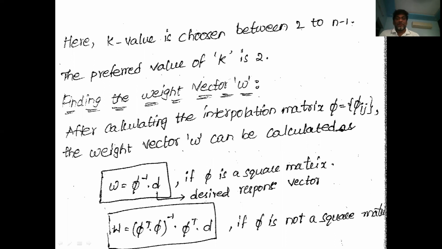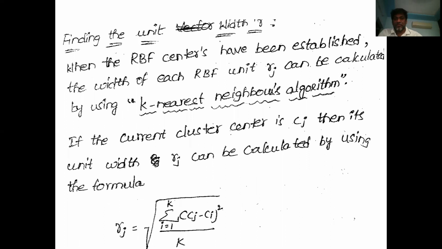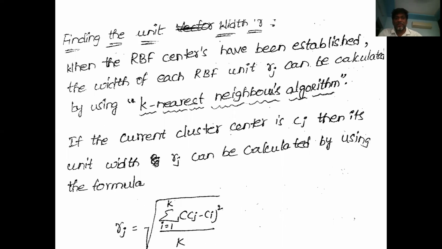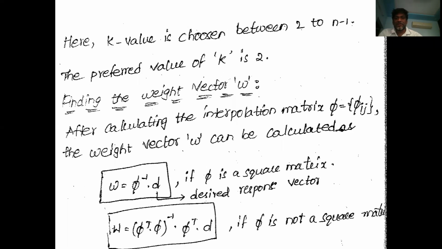Okay, so now we have seen two things. One is how to calculate the cluster center, that is how to select the center C with the help of the K means clustering algorithm, and for calculating the unit width, the K nearest neighbors algorithm will be used.